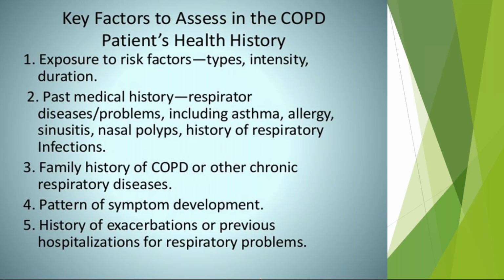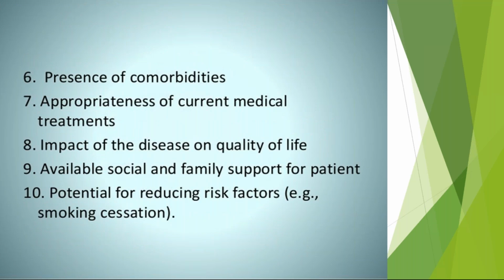And we should ask about the history of exacerbations, like how many in a year or in a month, any previous hospitalizations, any comorbidities, and any previous or current medical treatments he is using.